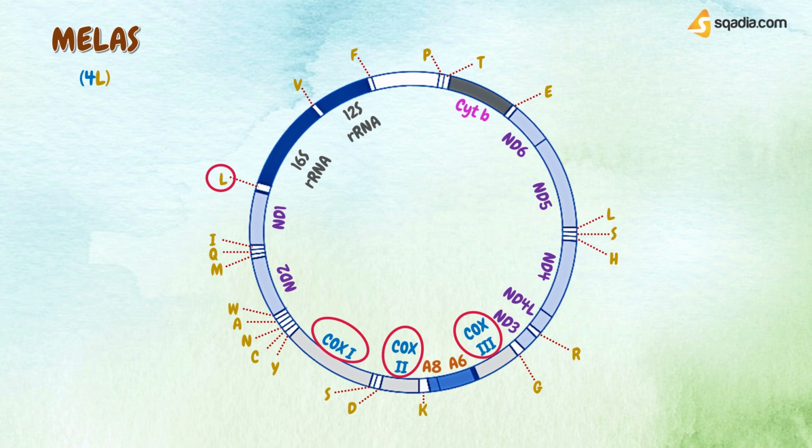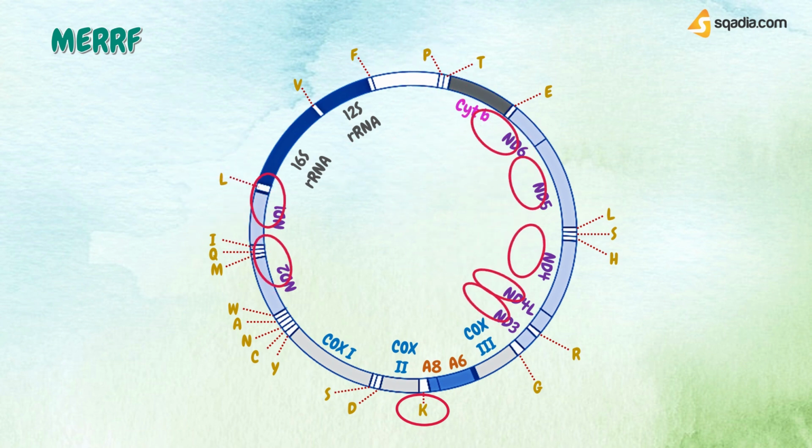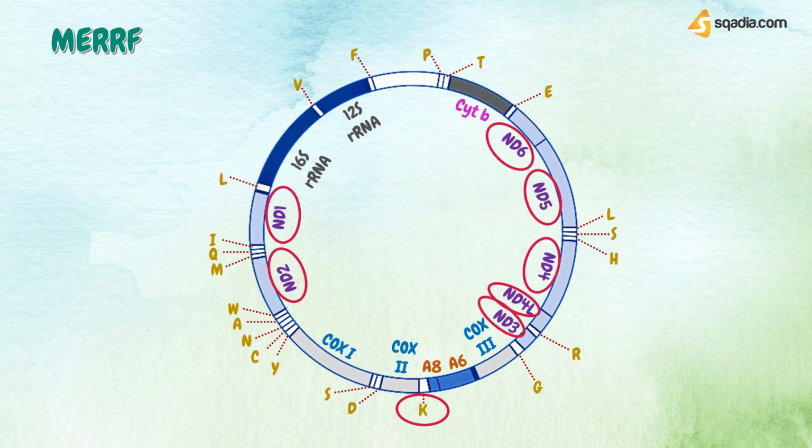Moving to the next genetic disorder involving mitochondria. Myoclonic epilepsy with ragged red fibers syndrome. Affects transfer RNA leucine gene and NADH dehydrogenase of complex 1, and cytochrome oxidase of complex 4.